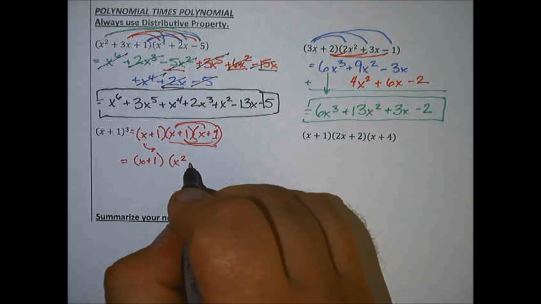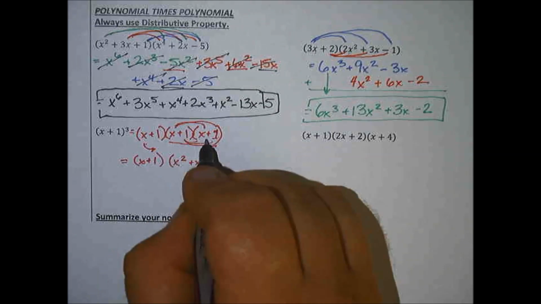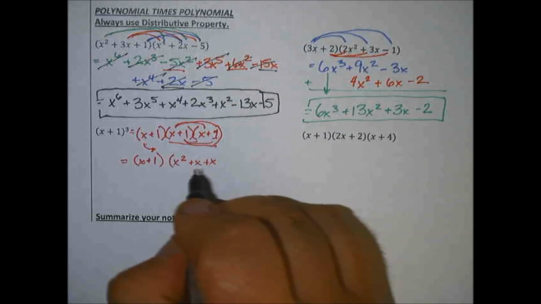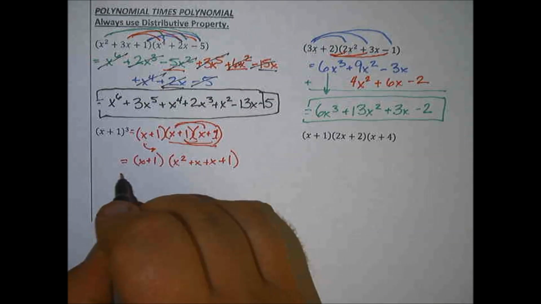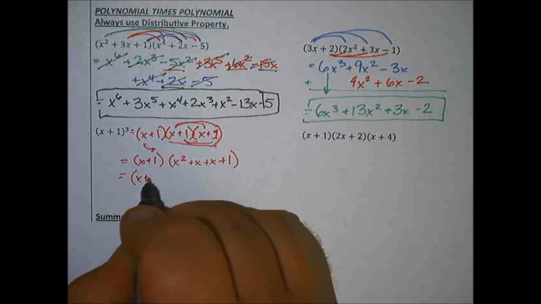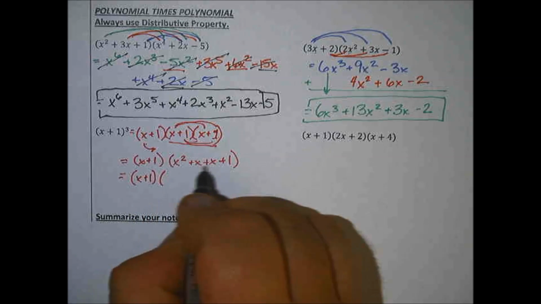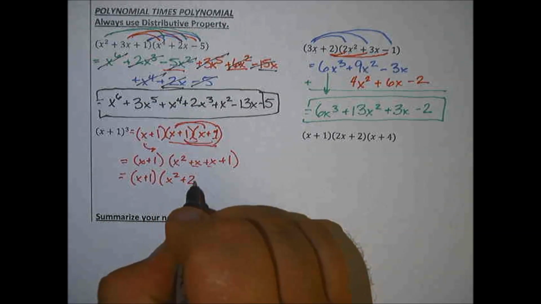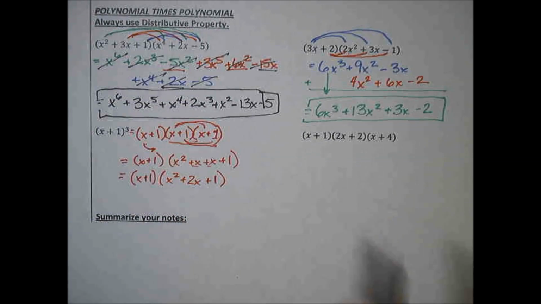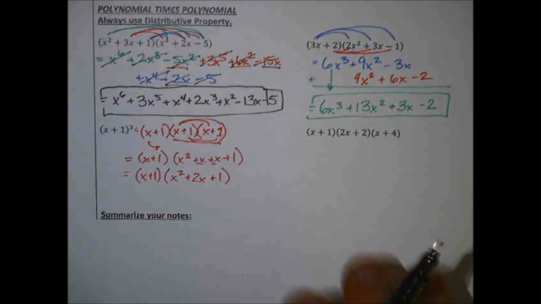X times 1, it's plus x. 1 times x, plus x. 1 times 1, plus 1. I'm going to simplify that a little bit. I have like terms there. So x squared plus 2x plus 1. That's step 1 of this problem.